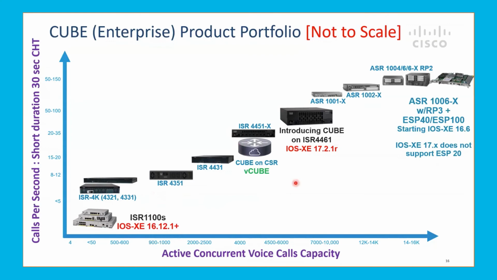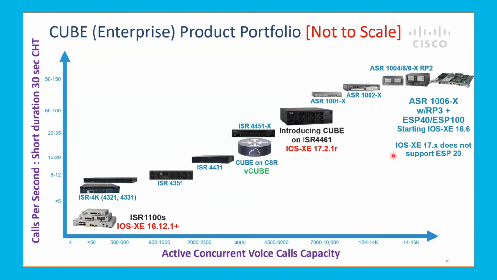We also support Cube virtually in the form of Cube running on CSR. CSR is the virtual router, known as the vCube option, that has been supported from iOS XE release 3.15. And on the high end, we have the ASR 1000 series platforms. A couple of changes. We do support Cube with ASR 1006-X along with RP3, ESP40, and ESP100 starting iOS XE 16.6.